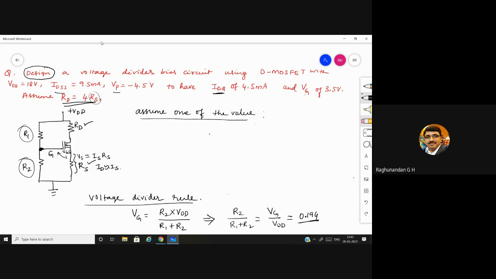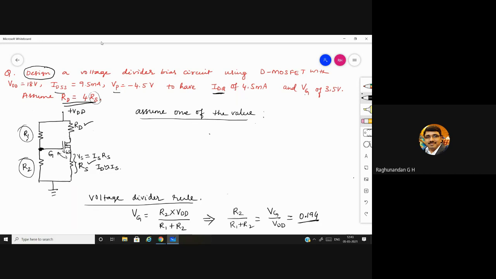If you assume one value and find this R1, obviously the same effect will be given here, because one is a fixed value, the other one you are tuning and finding exactly. So you can get the effective resistance value. The same way here we are going to do.